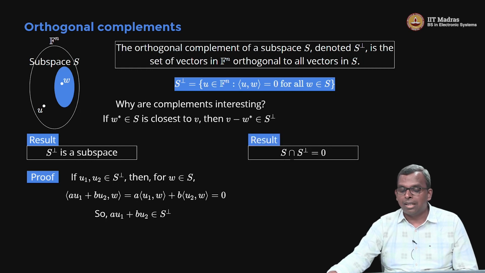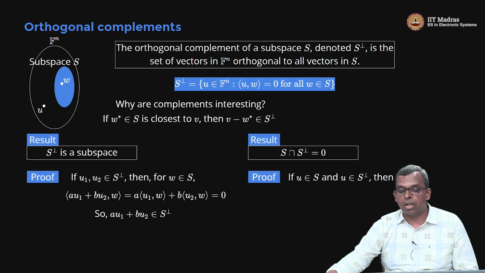Here is another one. S and S perp have only the origin in common. There cannot be any non-zero vector that is common to both S and S perp. This is an interesting little fact, and this result is also very curious. How do you prove it? It is very easy. Suppose you have a vector u in this intersection, so it is in both S as well as S perp.